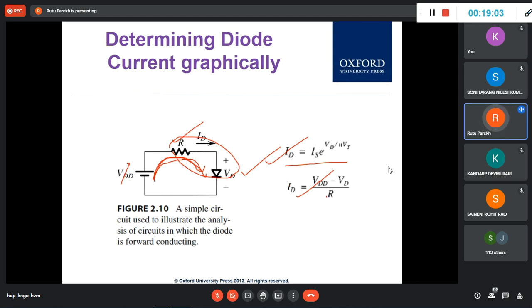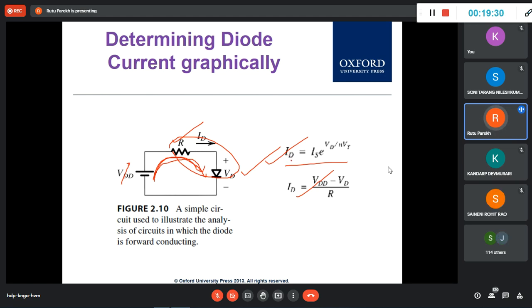And if you change R, then ID will also change. This is a current that we don't control. It is happening on its own. ID changes as per this V, then R. If you change R, or if you change VDD, I will change automatically. We have no control. Nature has made the material, the universe, that way.